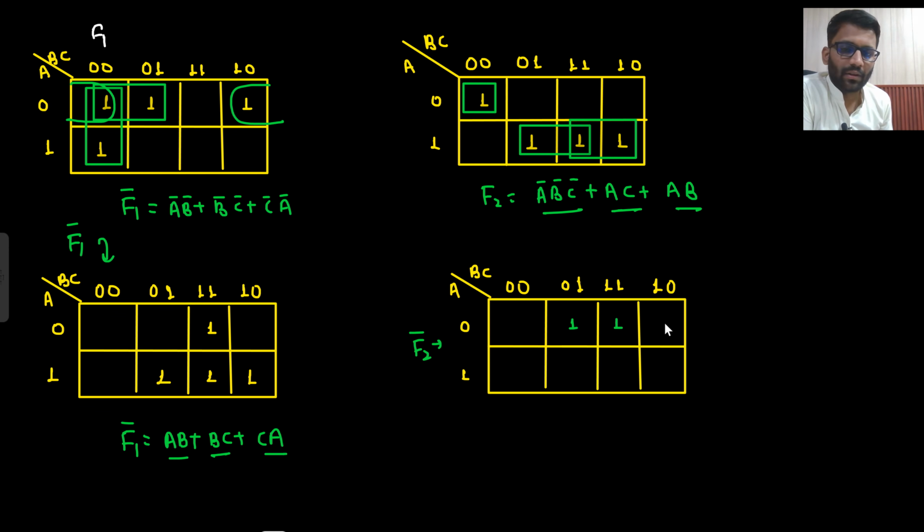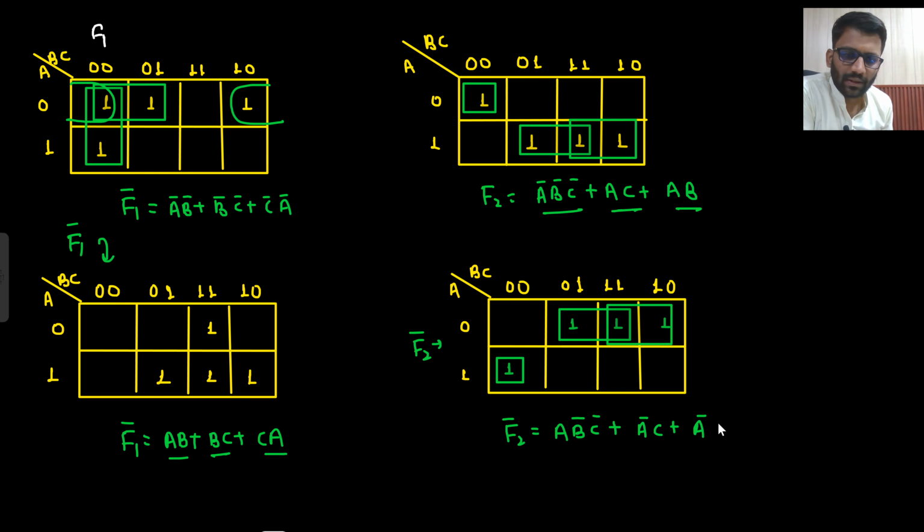F2 bar is A B bar C bar plus A bar C plus A bar B. You are not finding anything common between F2 bar and F1 bar.